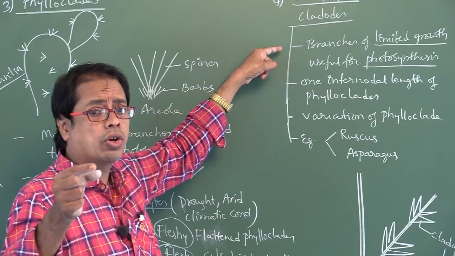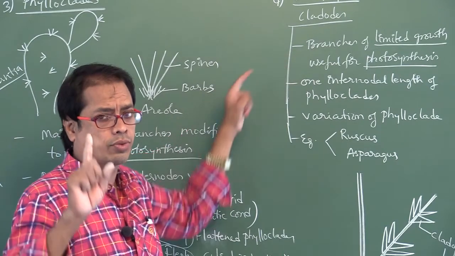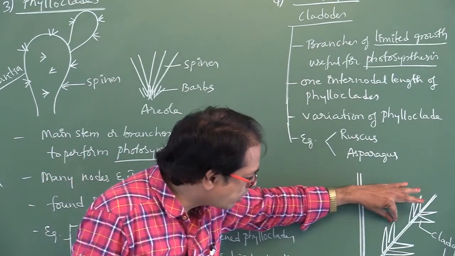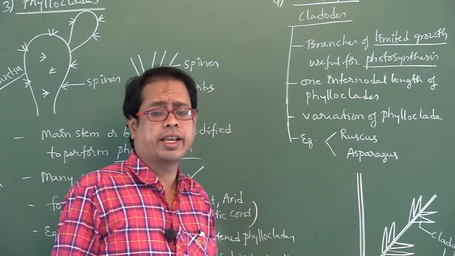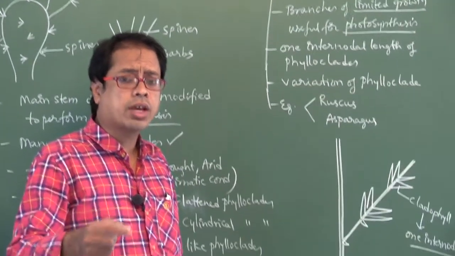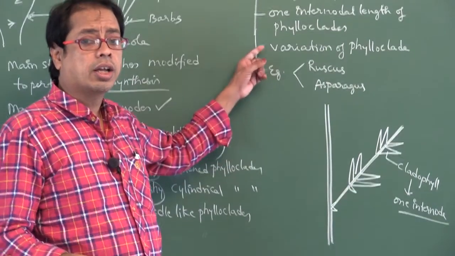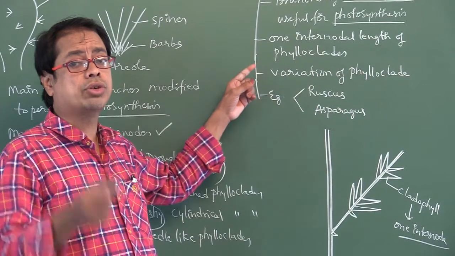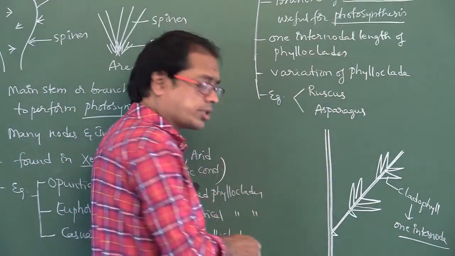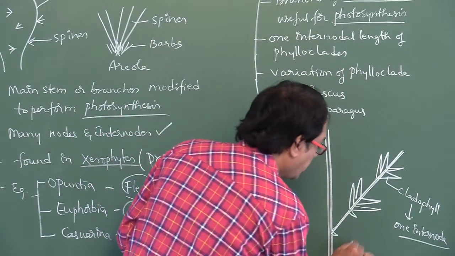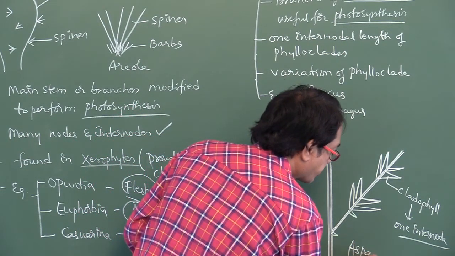Number of internodes in cladode means 1. So this is one cladode, this is another cladode, like that. So one internodal length of phylloclade is called cladode or cladophyll, useful for photosynthesis. So this plant name is asparagus.